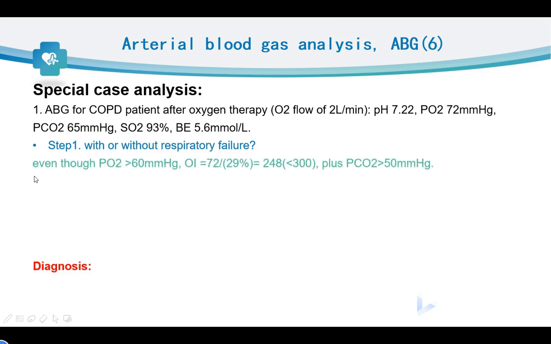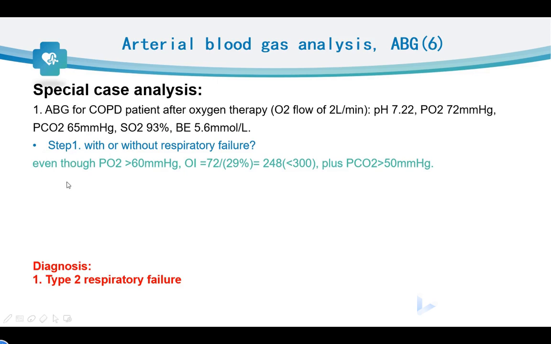We can find that even though the partial pressure of the oxygen is over 60 mm of mercury, the oxygenation index is less than 300, and the partial pressure of the carbon dioxide is over 50 mm of mercury. In this condition, we can conclude a type 2 respiratory failure for this patient.